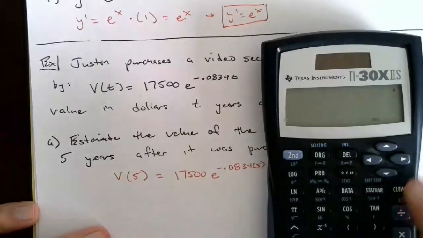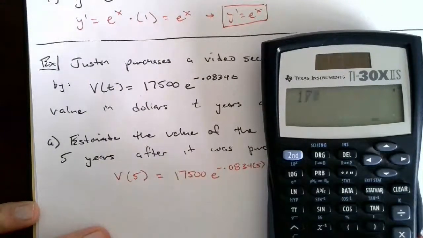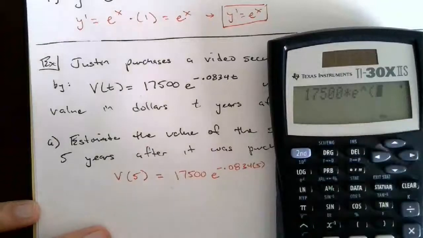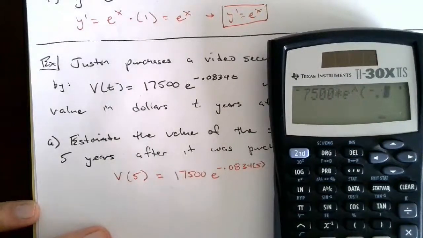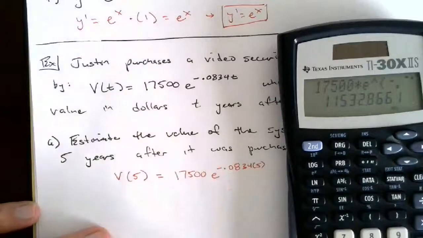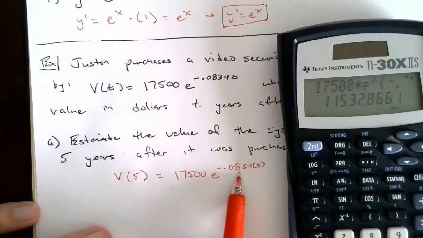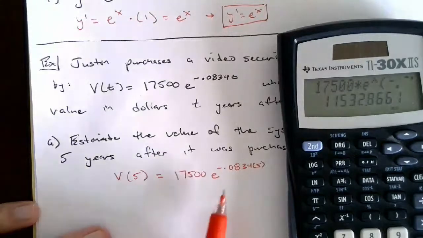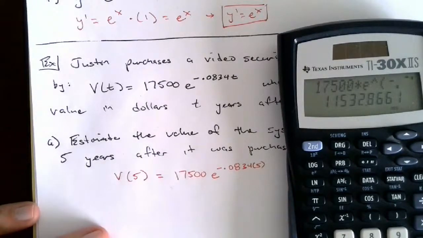So we have 17,500 times second e to the, now make sure you put both things being multiplied in the parentheses on e here, so the negative 0.0834 times 5, close the parenthesis and then hit enter. If your calculator does not display everything on the screen, you want to multiply these together first, then hit the e button and then multiply by 17,500, so you work backwards from the exponent.